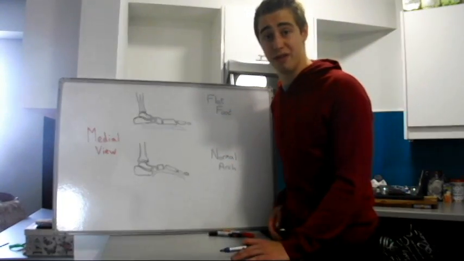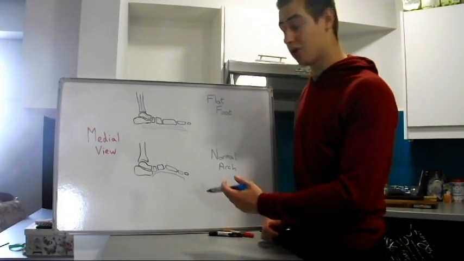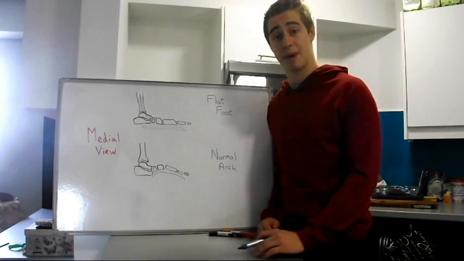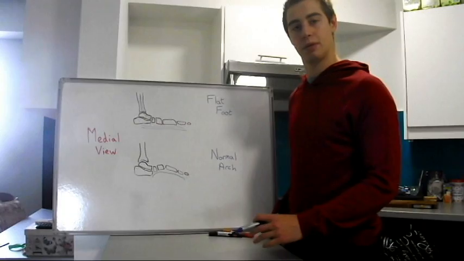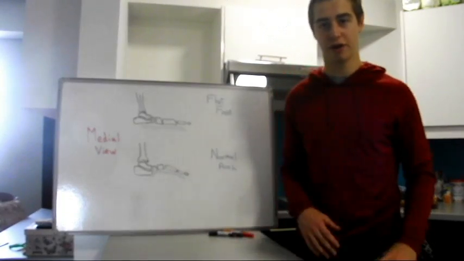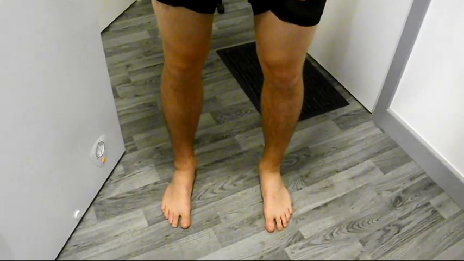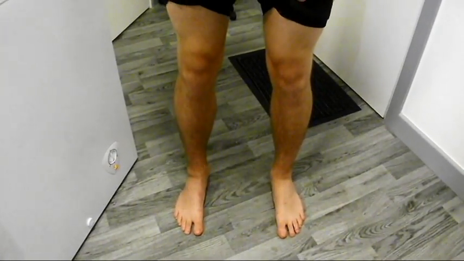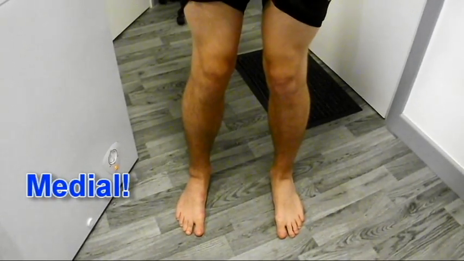So what does it mean if you've got a flat foot? Well, this could be the cause of your knee, hip or back pain, because this flat foot causes a medial rotation of the femur, meaning that the knees fall inwards, causing a lateral strain on the knee.